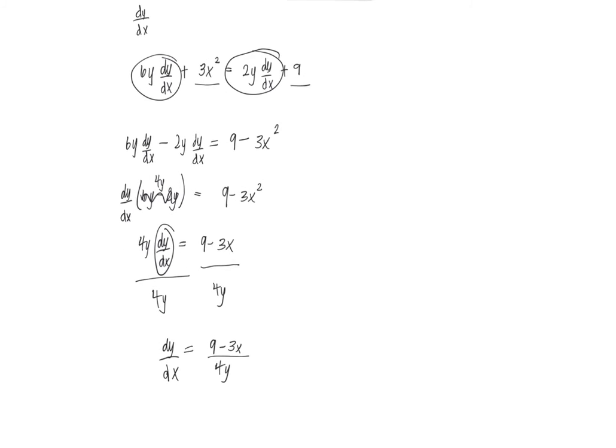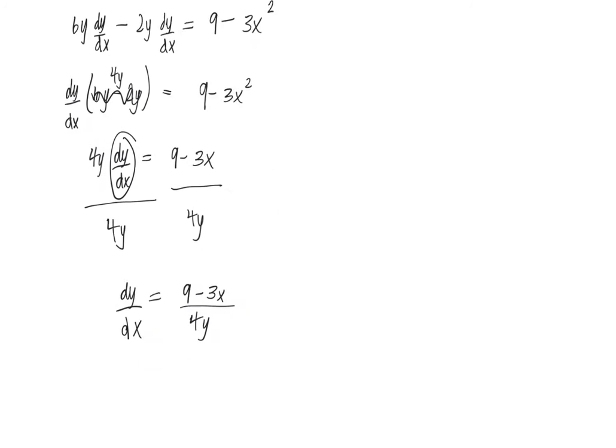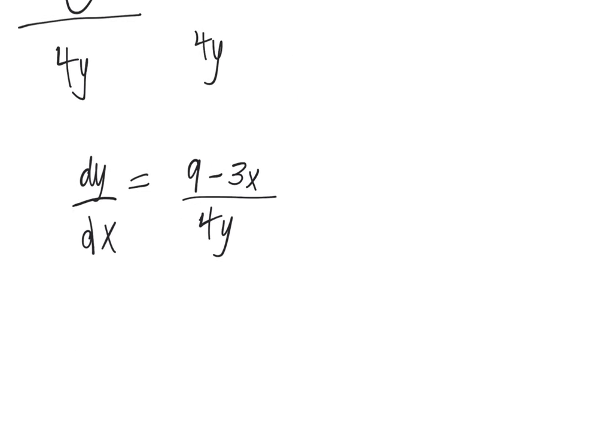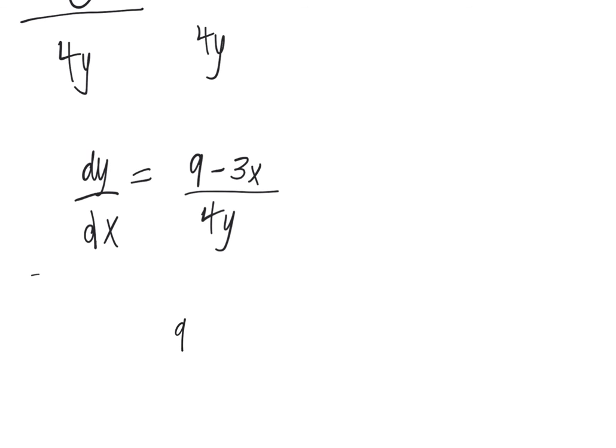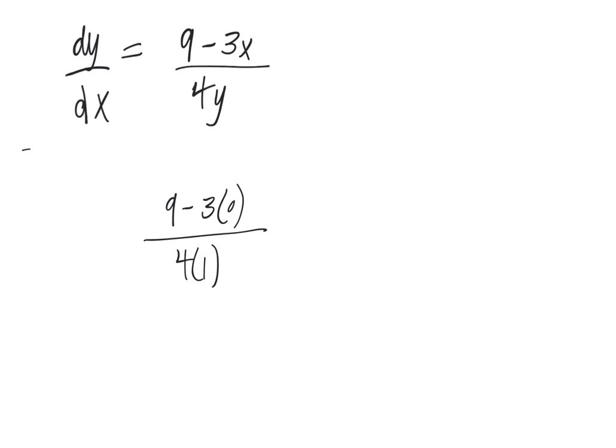So the x was 0, the y was 1. So we end up getting 9 over 4 as our slope.